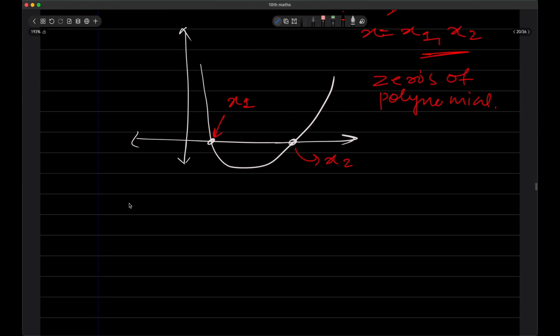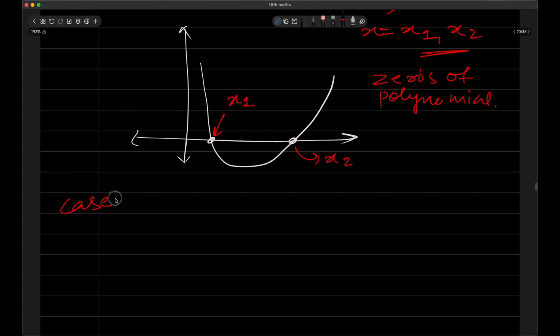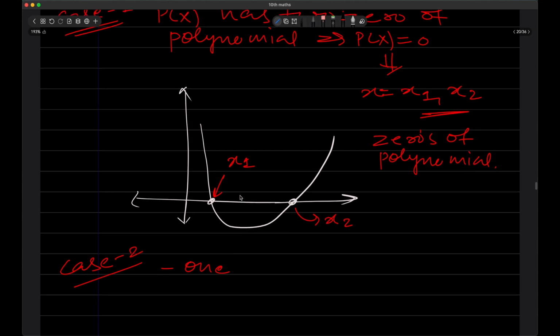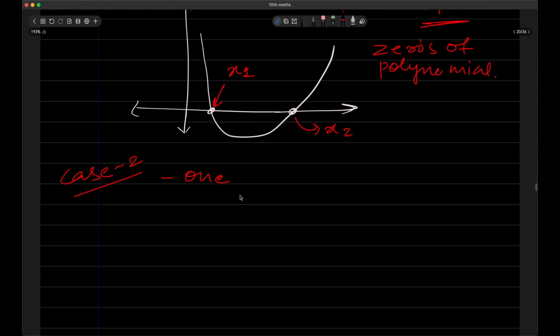Then case 2, only one zero of the polynomial.